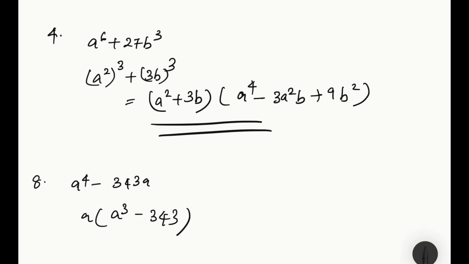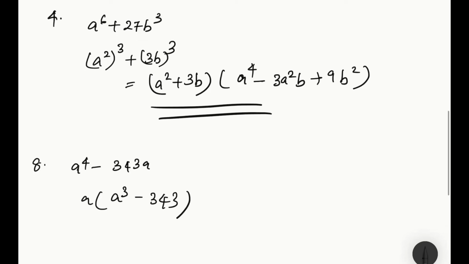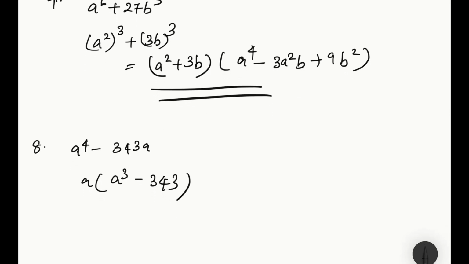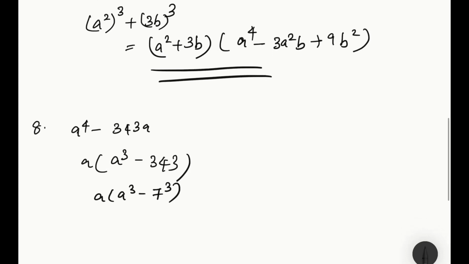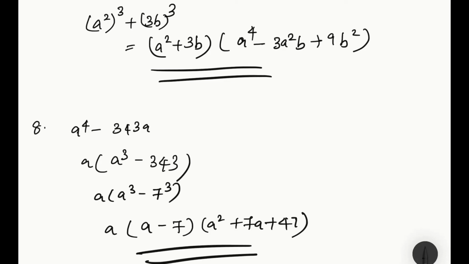What is 343? 343 is 7 cube. You can check it. So we can write it as a into a cube minus 7 cube. A, let it be outside. So you get a minus 7 into a square plus 7a plus 49. Okay, this is how you write it.